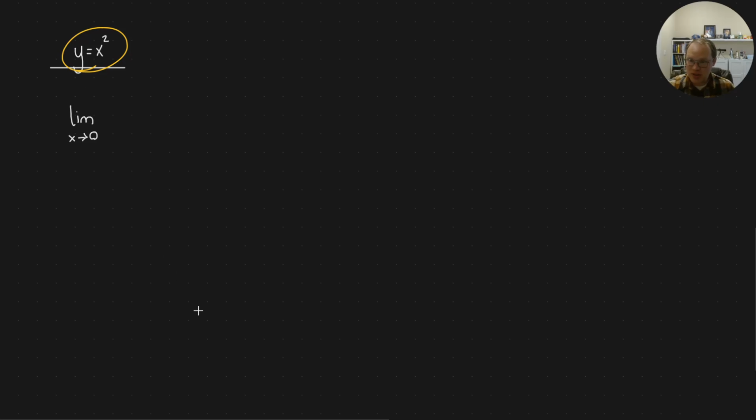So specifically, let's look along the path where y equals x squared. Okay, so again, if y is equal to x squared, that makes a relationship between x and y, and we only have to consider what happens as x approaches 0. Because if x is approaching 0 and this relationship holds, then y approaches 0 also.